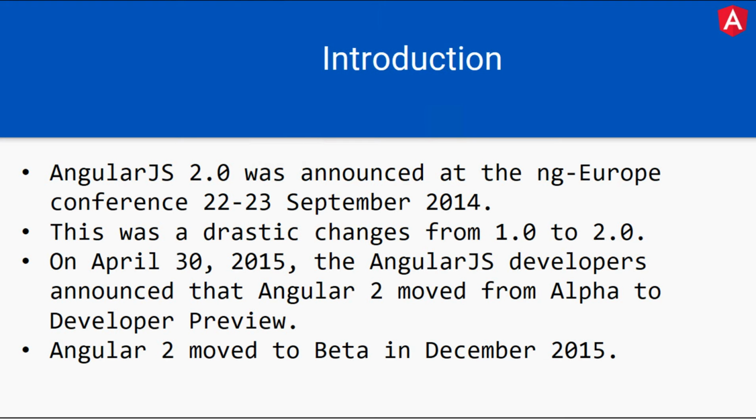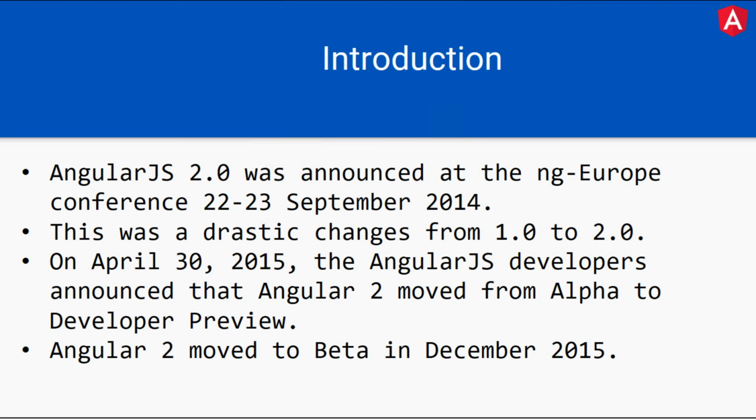Angular 2 was announced at a conference called NG Europe on 22nd September 2014, and it was a huge and drastic change from 1.0 to 2.0 because they wrote the entire Angular from scratch.